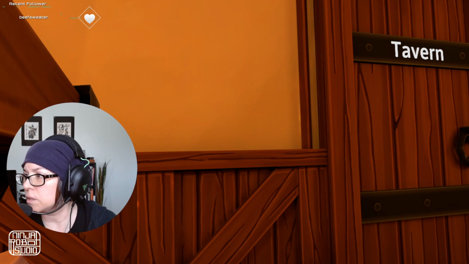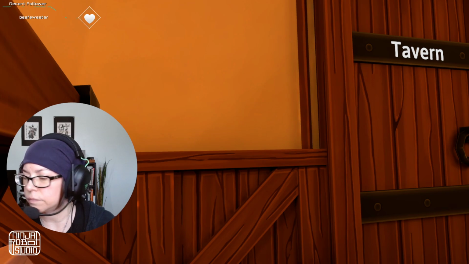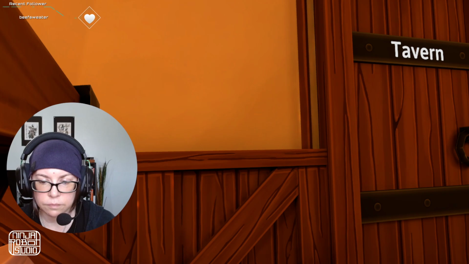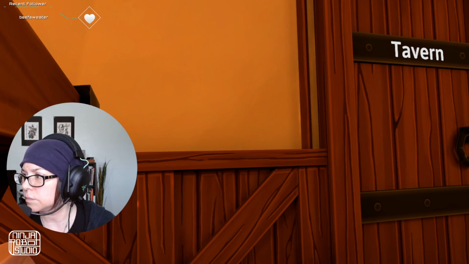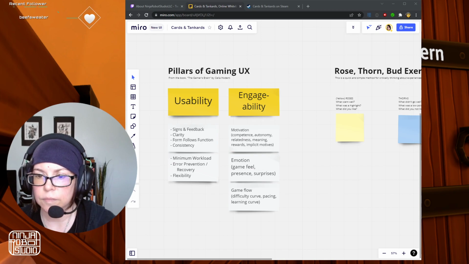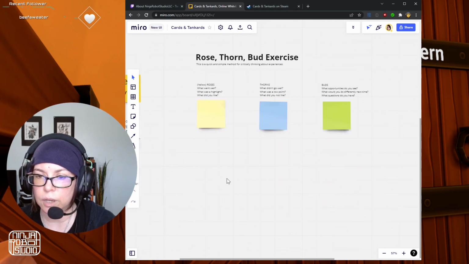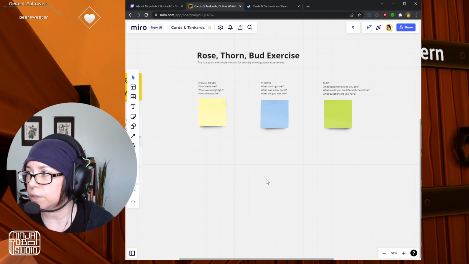Okay, so let's get going on the rose thorn bud for this one. Let me just get that turned on. Okay, so there was a lot going on in there, so I'm not going to remember everything.